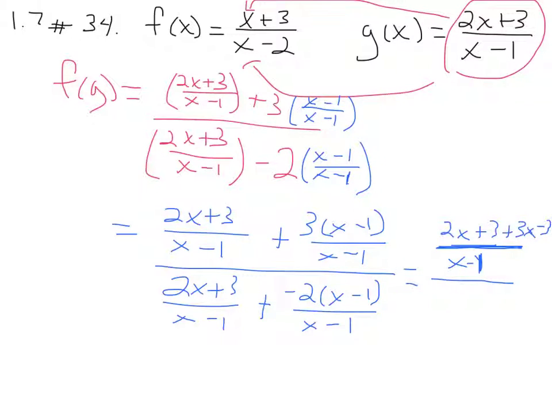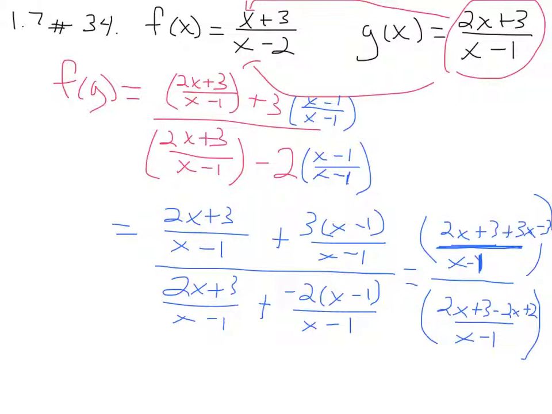Okay, so that's what we have on the top. On the bottom, we have an x minus 1 on the bottom of the bottom. We're going to get a 2x plus 3, again, and a minus 2 times x is a minus 2x. Minus 2 times 1 is a plus 2.